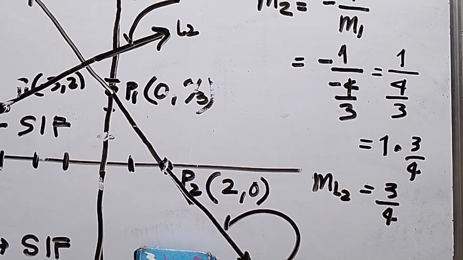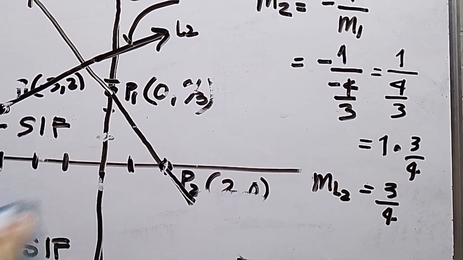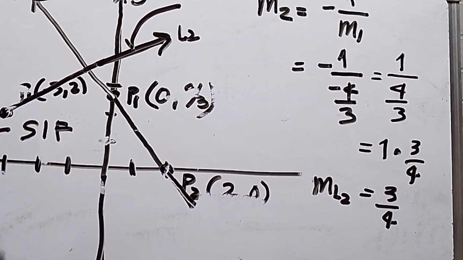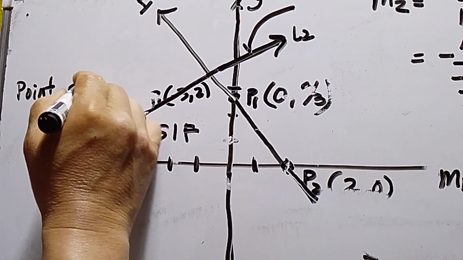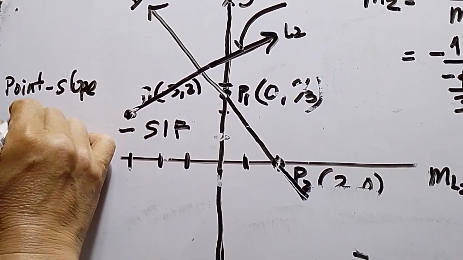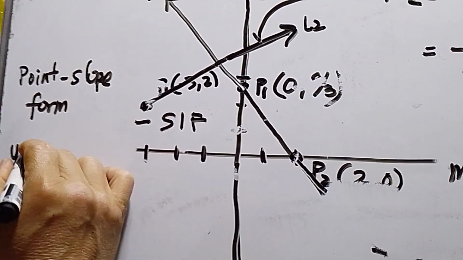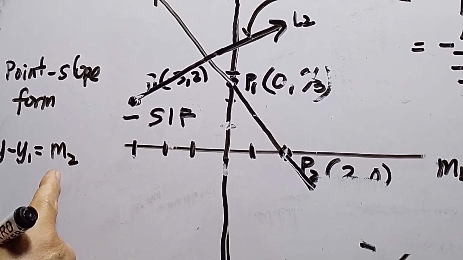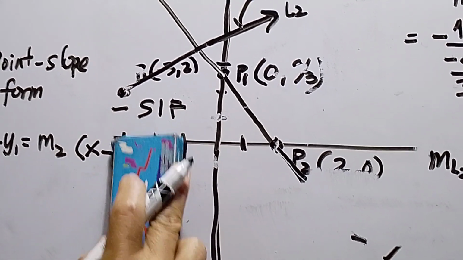Using the point-slope form, y minus y1 is equal to m2, the slope of the perpendicular line, times x minus x1.